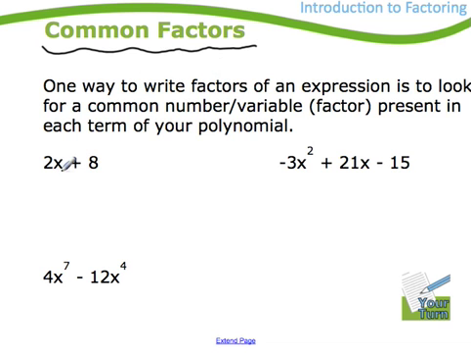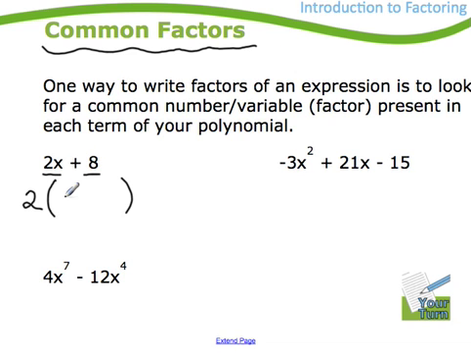So what we do is we look at any expression and look to see if there's a common number that will divide evenly into both terms of that expression. You're already probably thinking 2, and that's correct. And what you do then is you write 2 out here by itself, and then in brackets, you write down what's left over when you divide each of these terms by 2.